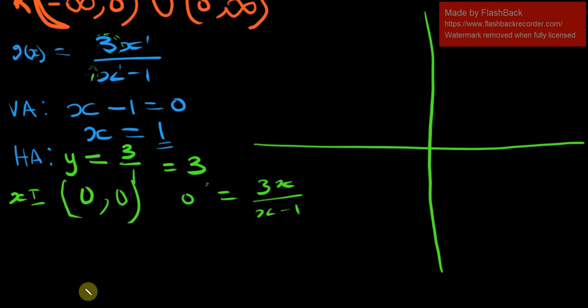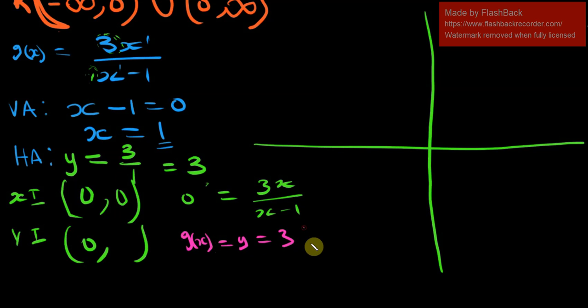Okay, (0, 0). What about the y-intercept? The y-intercept is found when x is 0. So in this case we have g of x, or y, equals 3 multiplied by 0 divided by 0 minus 1.